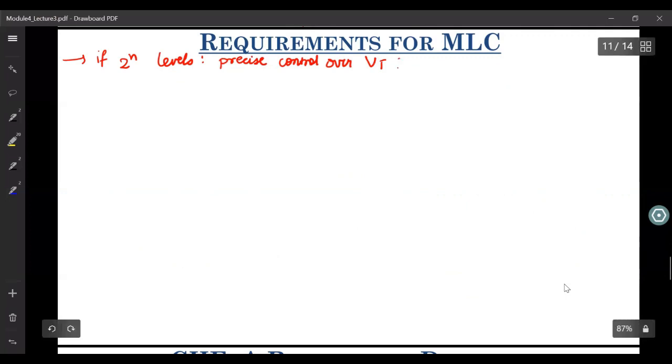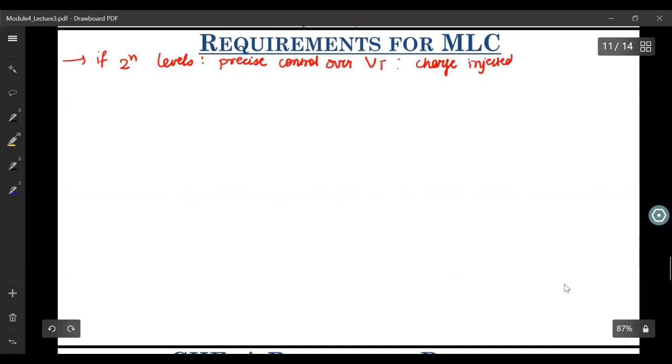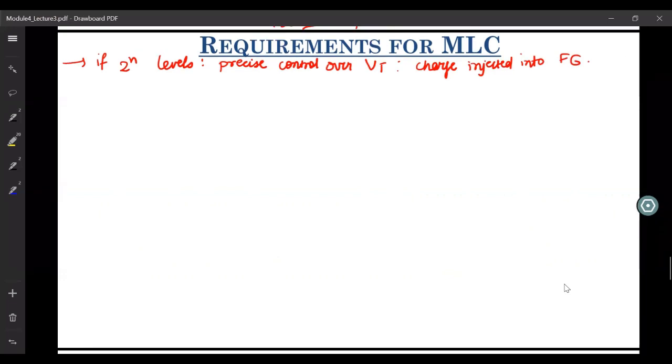What that translates into is that you should have precise control over the charge injected into your floating gate. How do you inject charge into your floating gate? It's via CHE or your FN tunneling mechanism. So to have precise control over threshold voltage, you need precise control over the charge injected into the FG. So you need precise control over these physical mechanisms as well.